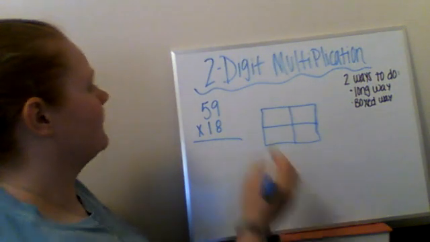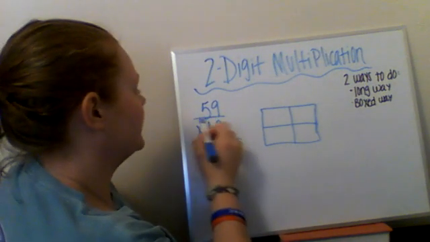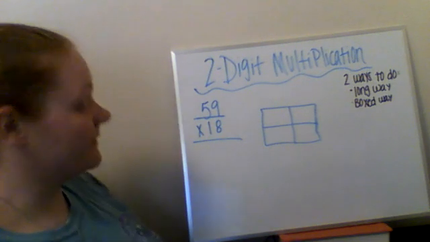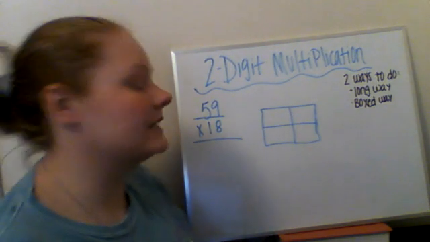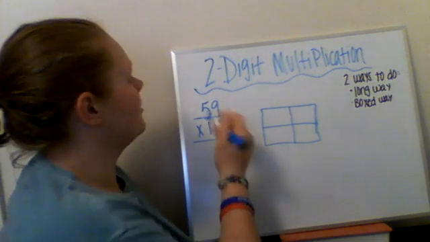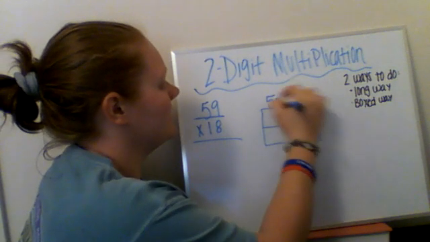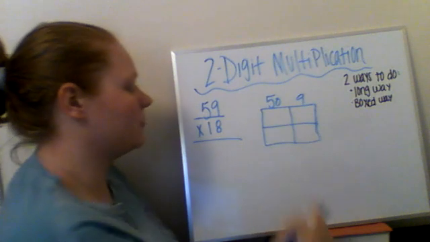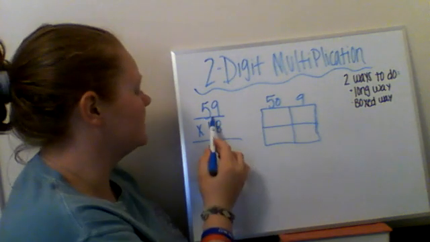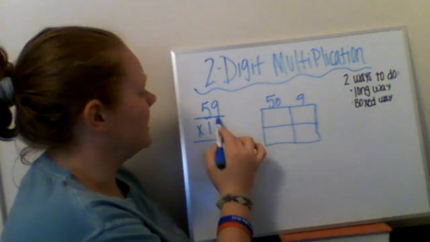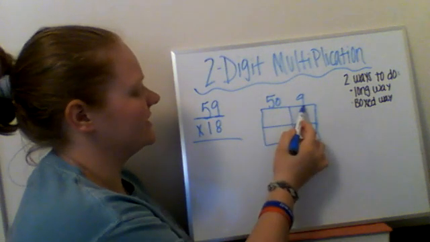So first I'm going to look at this number 59 right here. The 5 is in the tens place and the 9 is in the ones place. So if I break apart 59, it would be 50 and 9. 5 is in my tens place, which makes it 50. 9 is in my ones place, which just makes it 9.